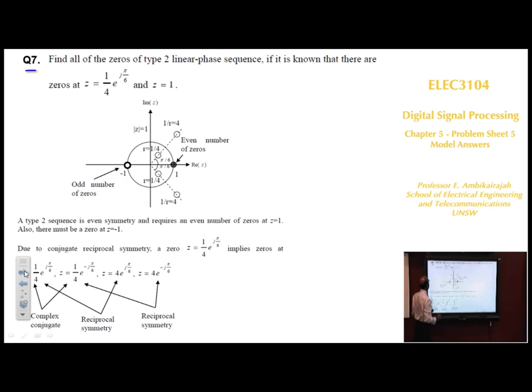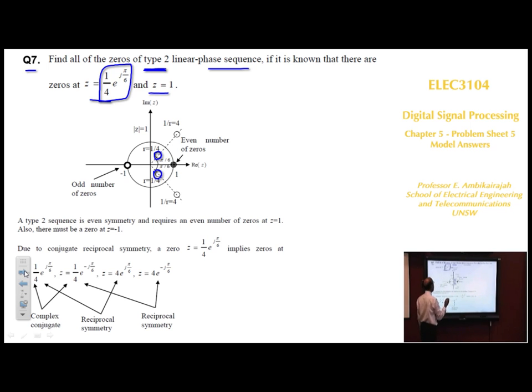Question 7: you've been given a linear phase sequence, and the zeros are at that position and that position, and you've been told it's a type 2 sequence. So what we need to do is make sure that for the type 2 sequence you have that. First, let's put that in, that's here, but it must have a conjugate, so it's there.